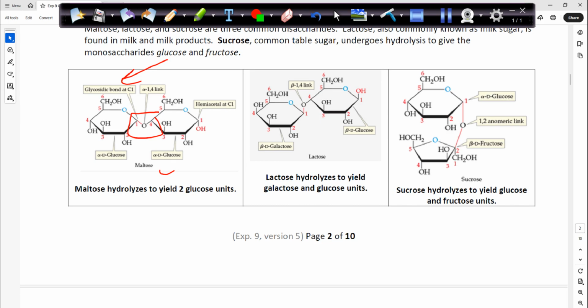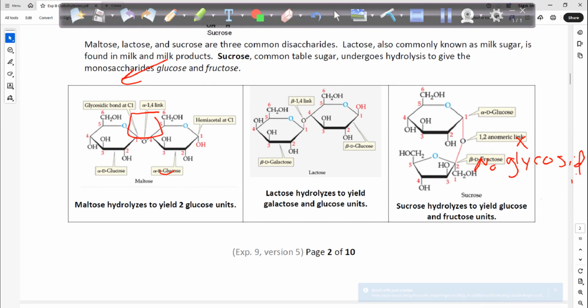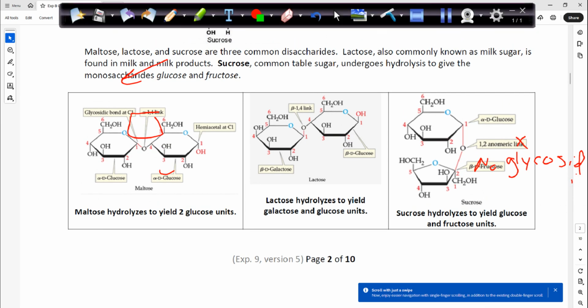So the sucrose does not have this one here. It has no glycosidic bond. Oops, sorry, no glycosidic bond.